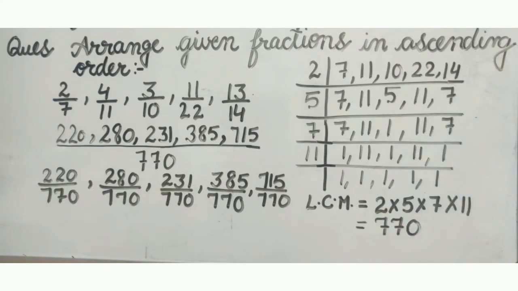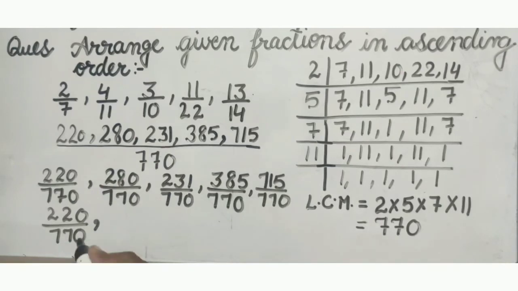It means we have to arrange the fractions from smallest to largest. Now, which one is the smallest fraction, students, among all these fractions? Yes, 220 is the smallest one. So we will write it down: 220 divided by 770.